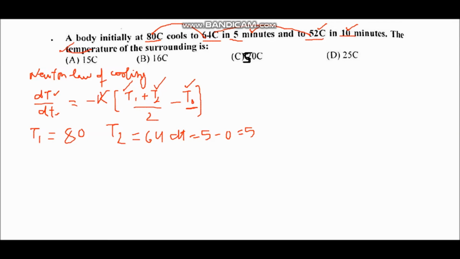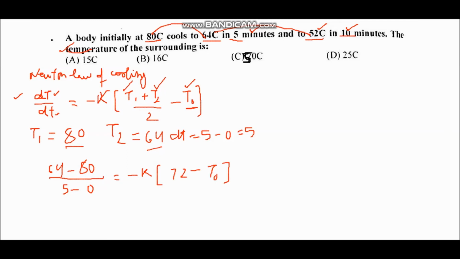From this equation, the change in temperature is T2 minus T1, or 64 minus 80, divided by the change in time, 5 minus 0, which is equal to minus K times (T1 plus T2 over 2), so (80 plus 64) by 2, which is 72, minus T0.